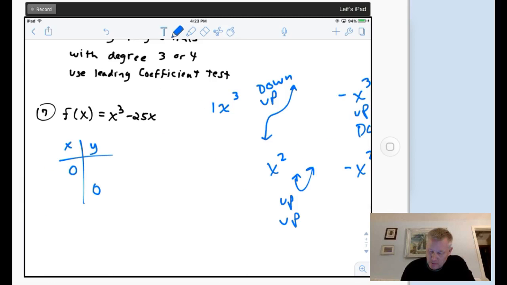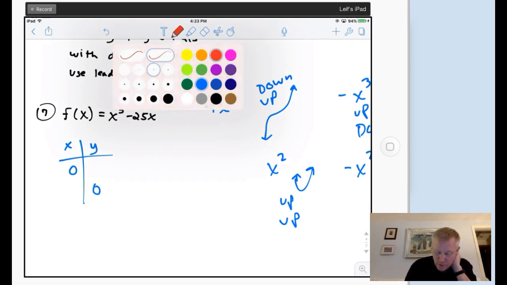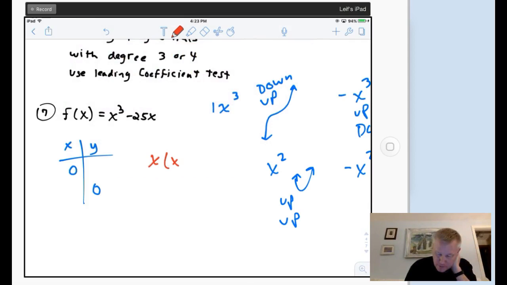So I'm going to factor and see if I can solve this. I can pull an x out of both of those, which will leave me with x squared minus 25. This equals 0, which means either x equals 0 or x squared minus 25 equals 0.